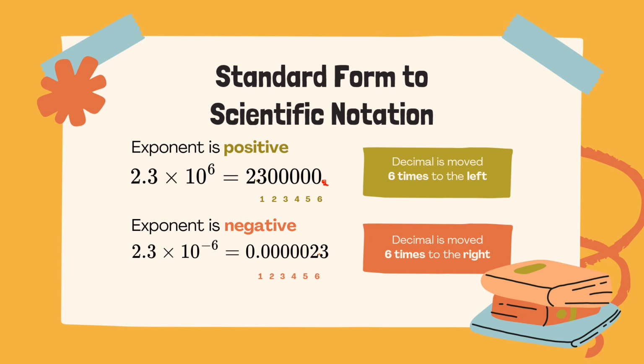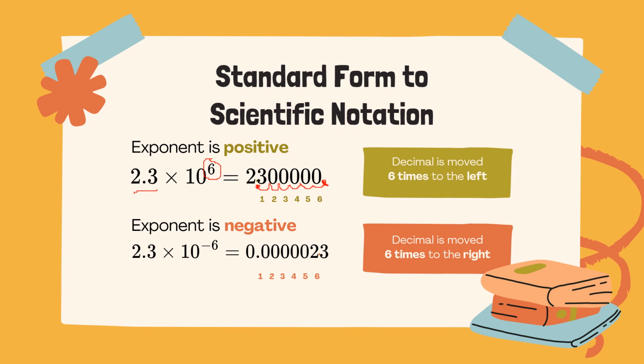So for this example, it would be 6 times. 1, 2, 3, 4, 5, and 6. So it will be between the 2 and the 3. So your number will become 2.3 times 10, and the spaces you move your decimal becomes your exponent. So we moved it 6 spaces. The exponent is now 6.